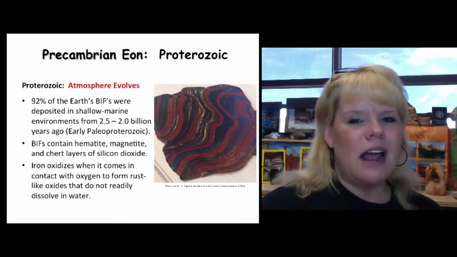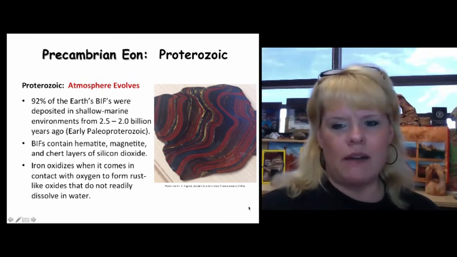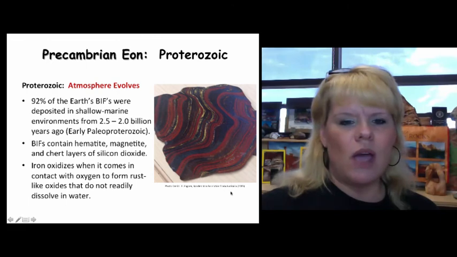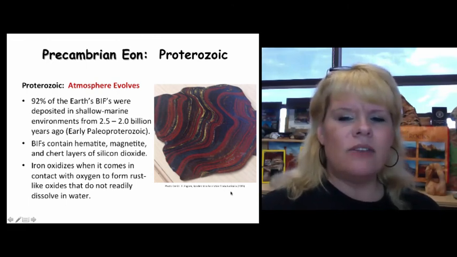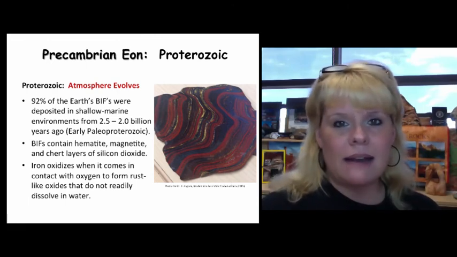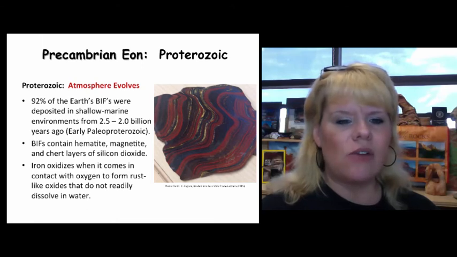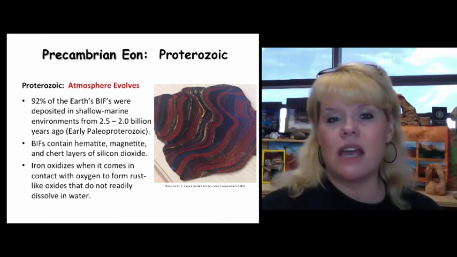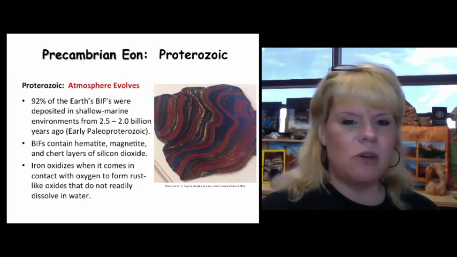And banded iron formations, this is one I brought back from Australia, are interlayered with the red being hematite. There's some iron properties for magnetite, of course, because it contains iron. You'll find interbedded chert layers and silica layers, and sometimes you'll get some other precious metals involved with banded iron formations.